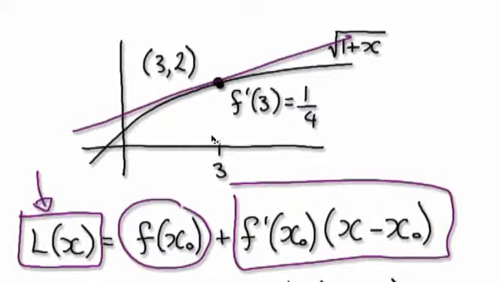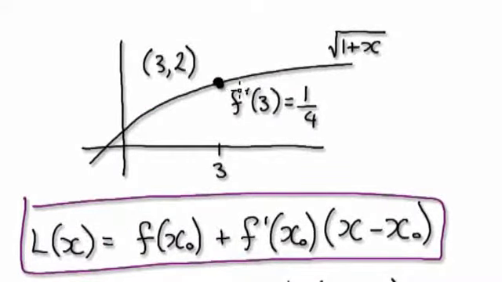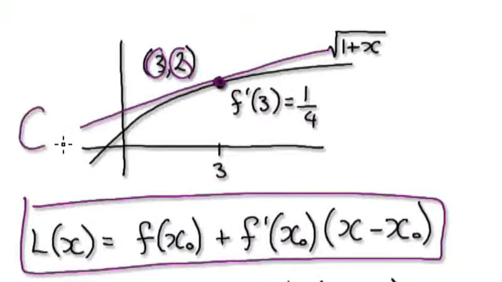This seems really complicated, but what it boils down to is that you know the gradient at one particular point, and you know it passes through this particular point. So you should be able to come up with an equation for this line. The equation for this line is given by this.